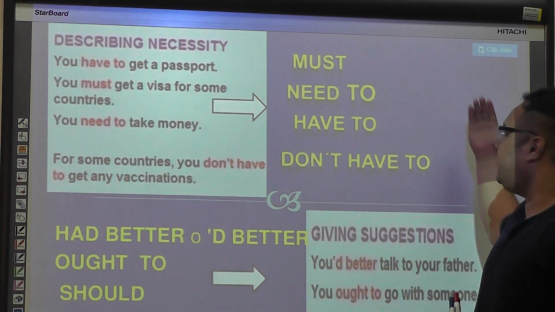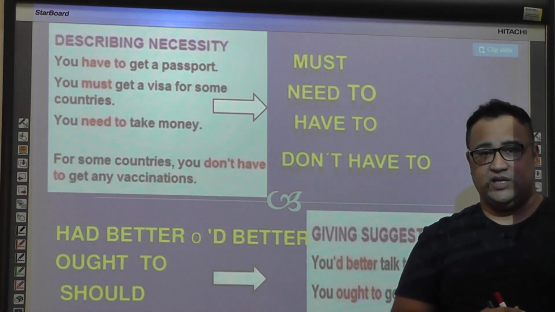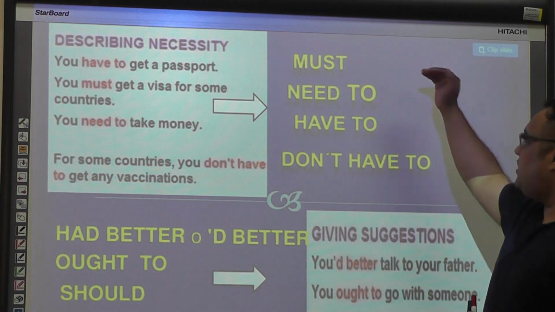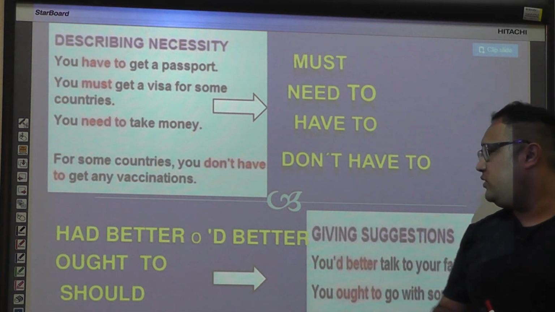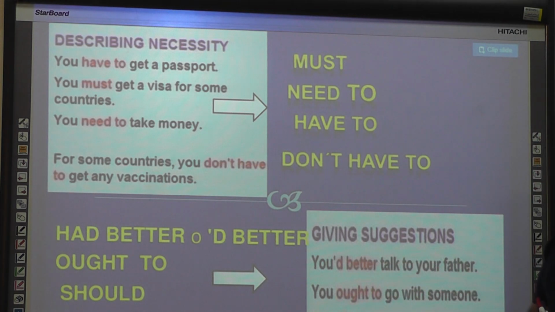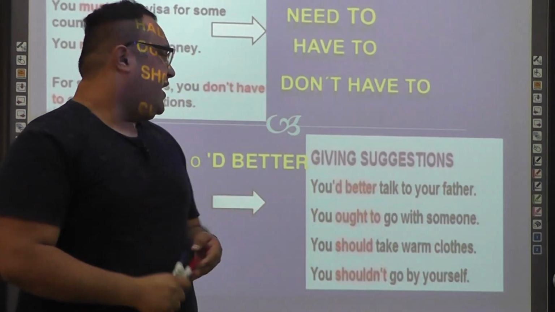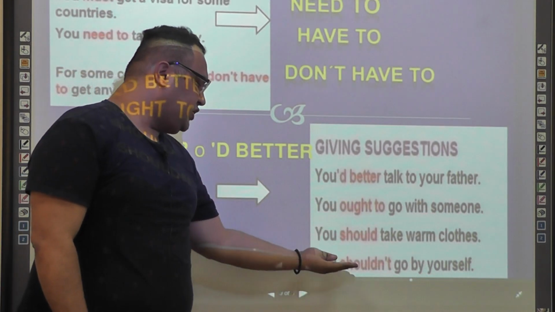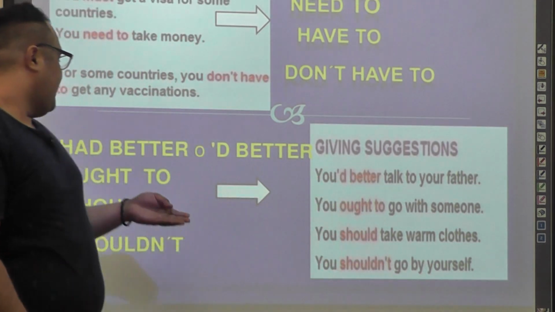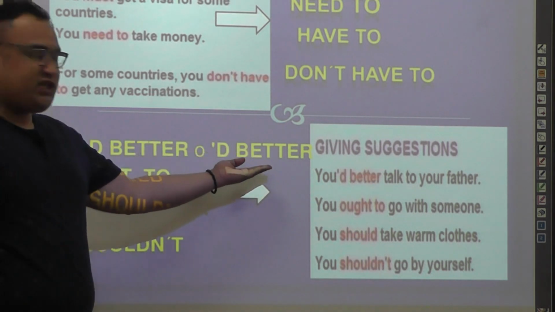So we have here four modals being used whenever we describe something in necessity: must, need to, have to, and don't have to. But when we talk of giving suggestions, we use another set of four modals, and that is had better, ought to, should, and shouldn't. Had better is also a contraction.